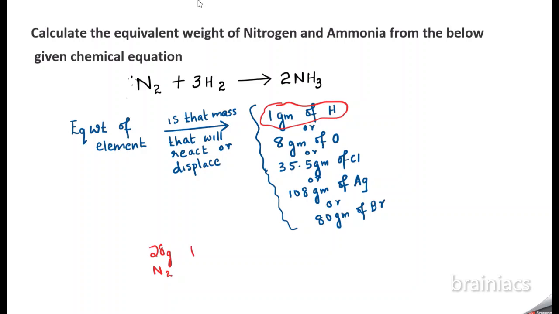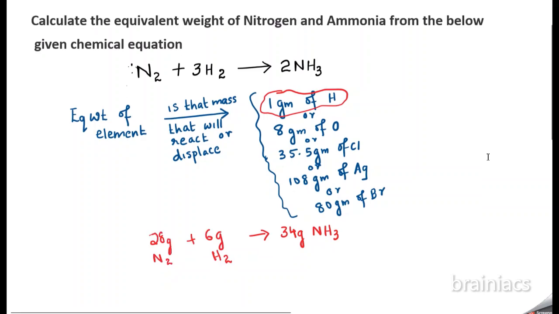So I can say 6 gram of hydrogen, correct? 28 gram of nitrogen and 6 gram of hydrogen gives ammonia. Ammonia, nitrogen 14 plus 3, 17. 17 into 2, 34. So I can say 34 gram of ammonia.